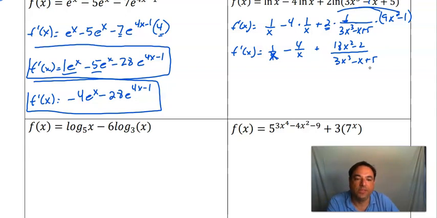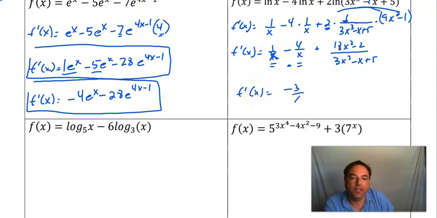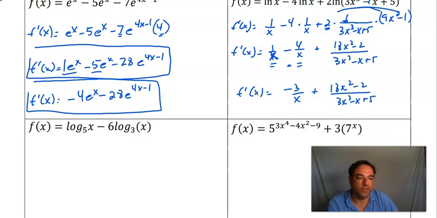Okay, so we have those. And that is simplified, but we also have like terms. So 1 over x minus 4 over x, those can be combined, which would leave you with negative 3 over x plus 18x squared minus 2 over 3x to the third minus x plus 5.